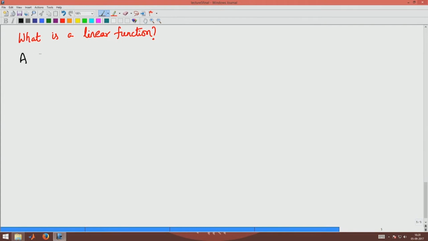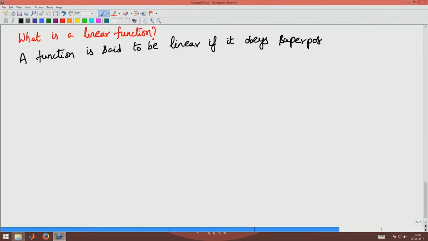Okay. A function is said to be linear if it obeys superposition and scaling. What does this mean?